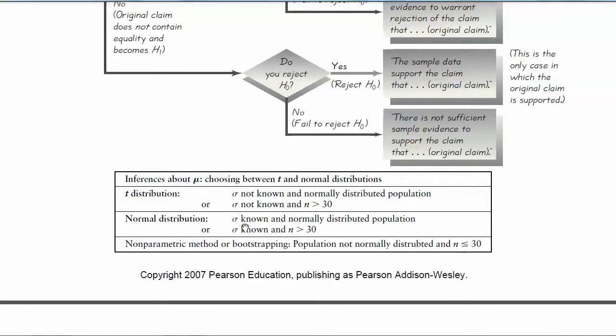If sigma is known, then you're in one of these two cases, in which case you're going to either have the parent population be normally distributed and use the normal distribution, or the sample size is going to be greater than 30 and you'll use the normal distribution. And if none of those things work out, then you're using either non-parametric or bootstrapping methods, things that we haven't talked about, so they wouldn't apply to this chapter.